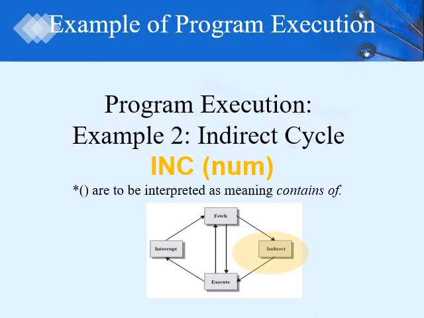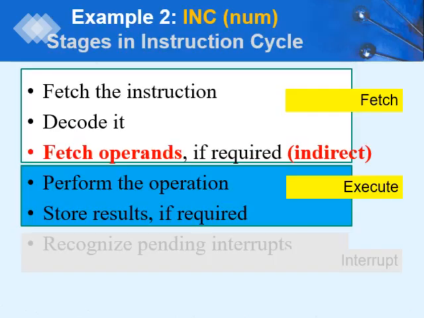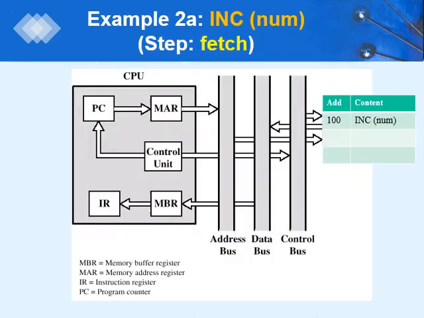And for increment, the opcode is 01000, which in hexadecimal is 4. First, we are going to fetch, and in fetch instruction, we decode it, and then we see that there is an indirect addressing, so we need to go into the indirect cycle, and then we execute.